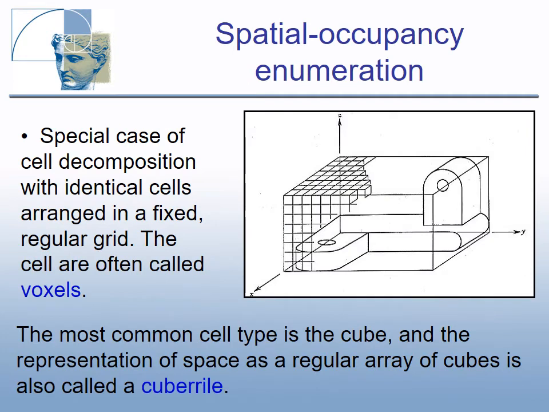Spatial occupancy enumeration is a special case of cell decomposition with identical cells arranged in a fixed regular grid. The cells are often called voxels. The most common cell type is the cube, and the representation of space as a regular array of cubes is also called a cuboidal, shown on the slide.